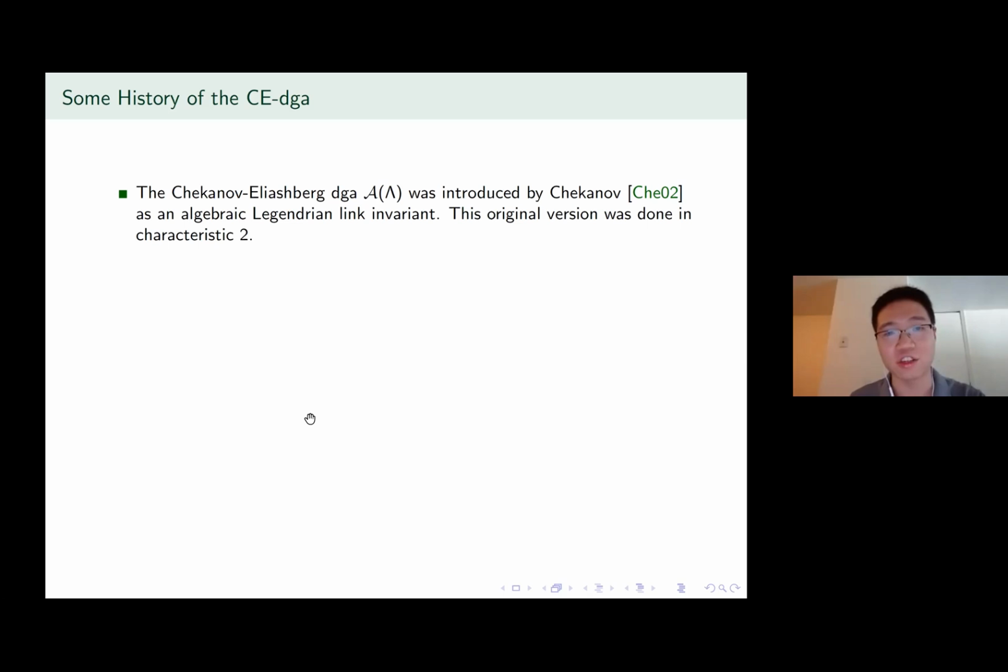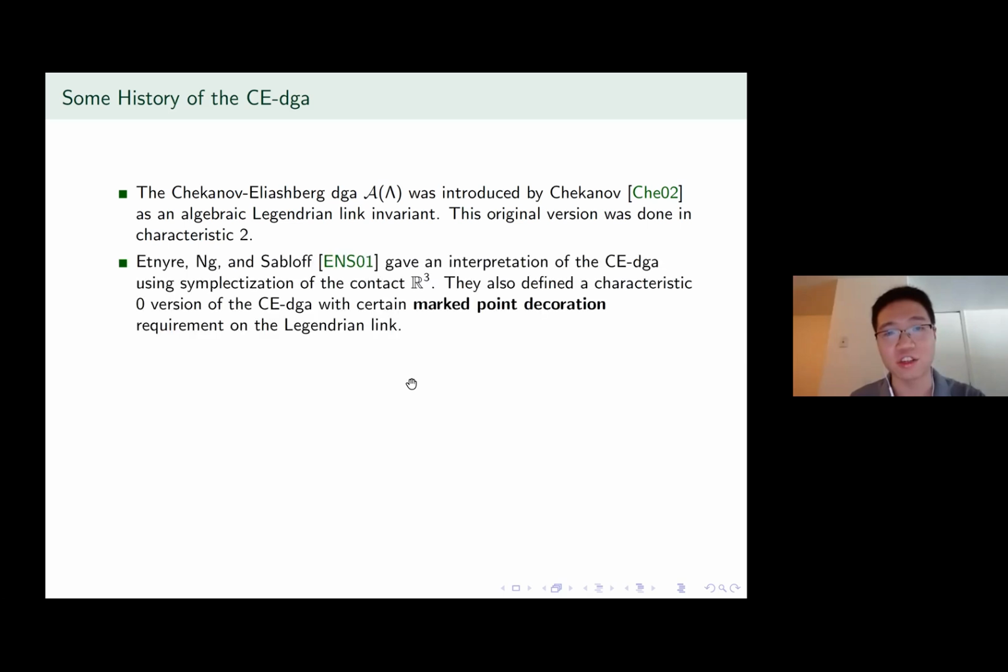And then Ekholm, Etnyre, and Sullivan gave an interpretation of this DGA using symplectization of the contact R3, right? So it becomes R4, and they also defined a characteristic 0 version of the DGA with decoration on it.